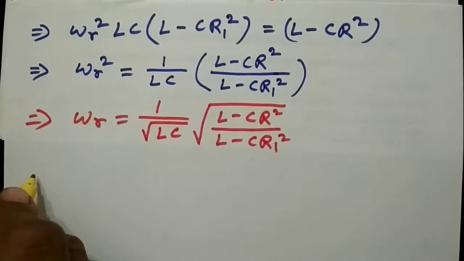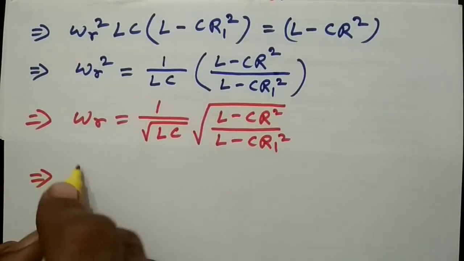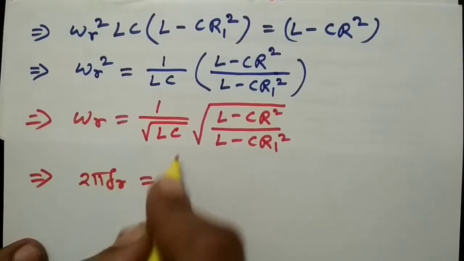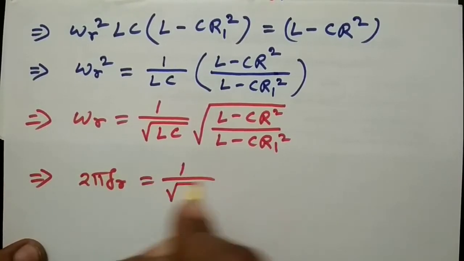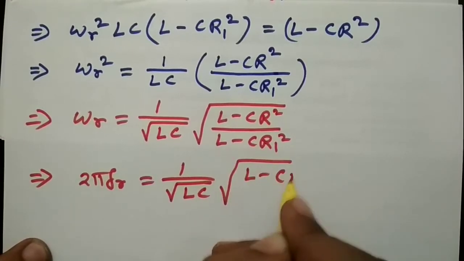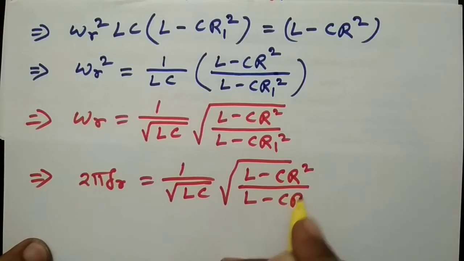And finally, omega R can be written as 2 pi FR. So 2 pi FR is equal to 1 upon root LC square root of L minus C R square upon L minus C R1 square.